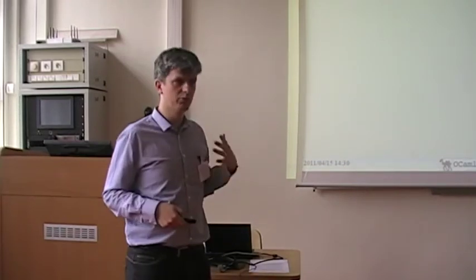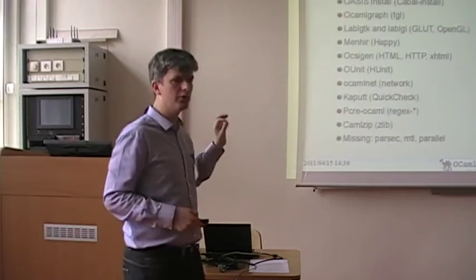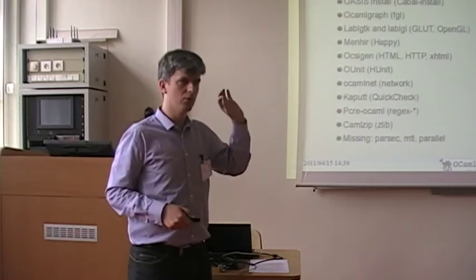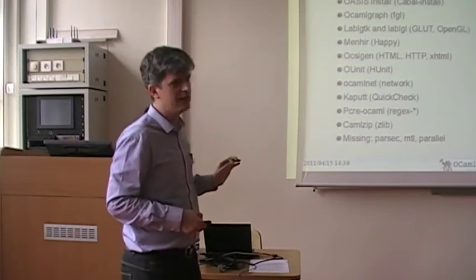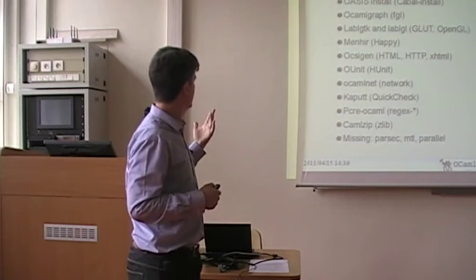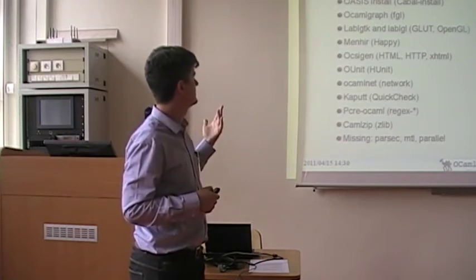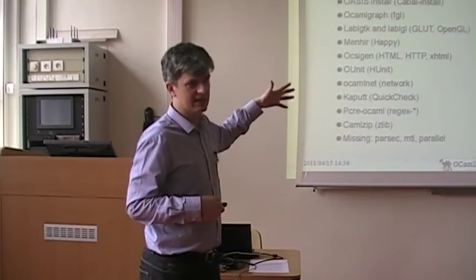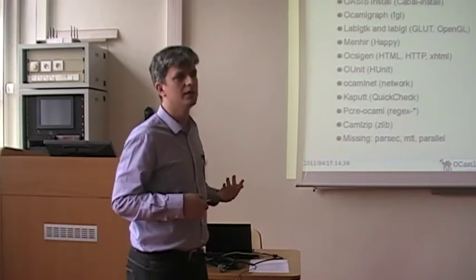And a lot of people think that we don't have enough stuff in OCaml to create an OCaml platform, but that's not true. I've made a point-by-point comparison with Haskell platform, and we almost have everything. Here in parentheses is the version you have in Haskell, and the main point is what we have in OCaml.